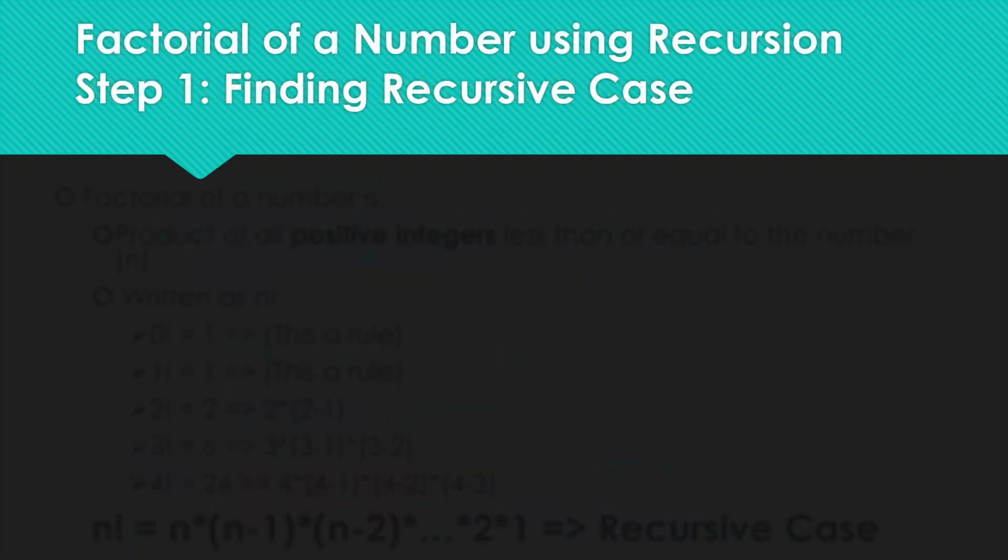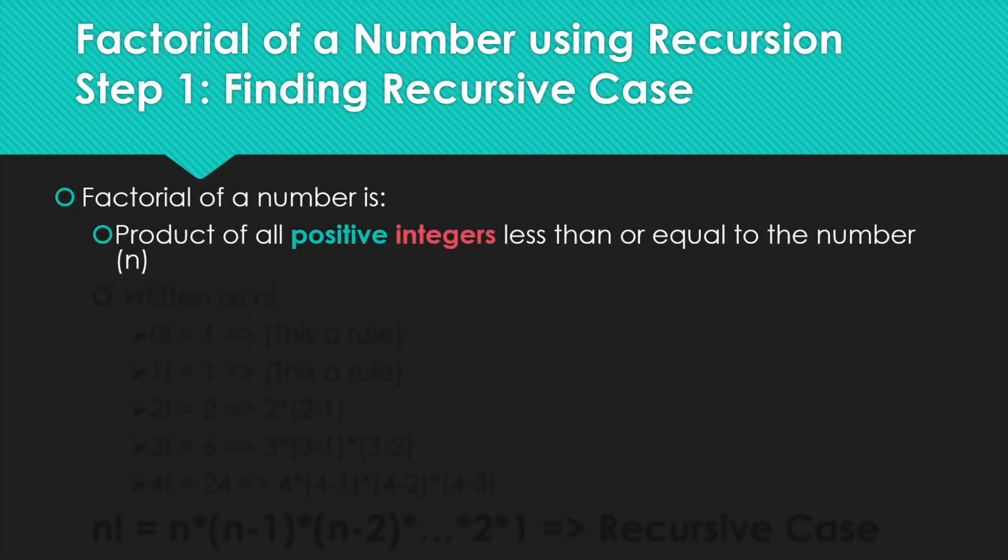Now, one of the interesting mathematical challenges that is solved using recursion in programming is finding the factorial of a number. So what is the factorial of a number? It's the product of all positive integers that are less than or equal to that particular number, which is normally denoted with an n.